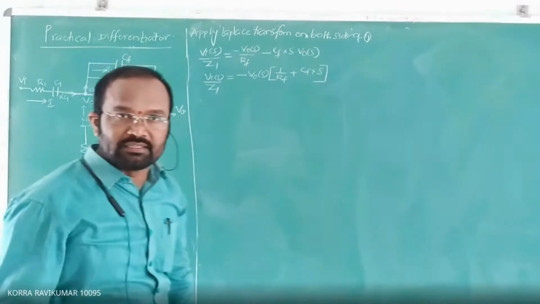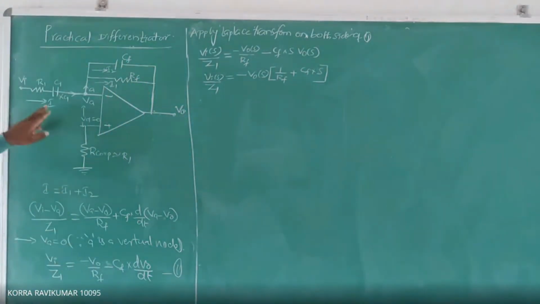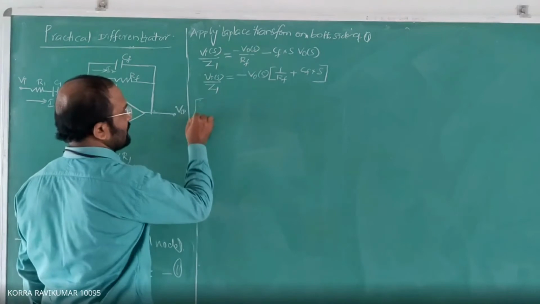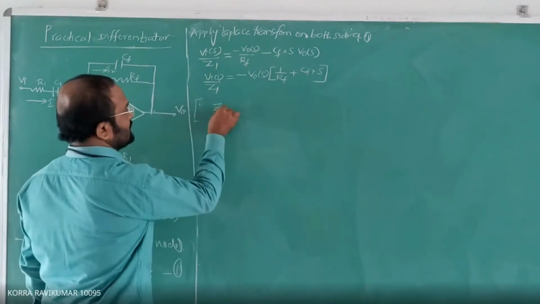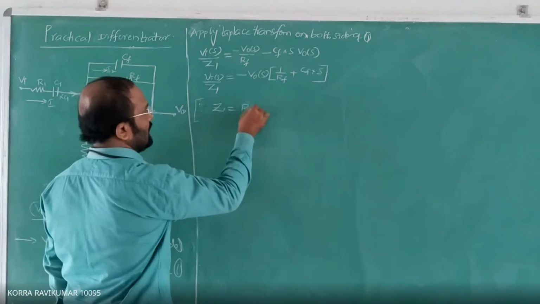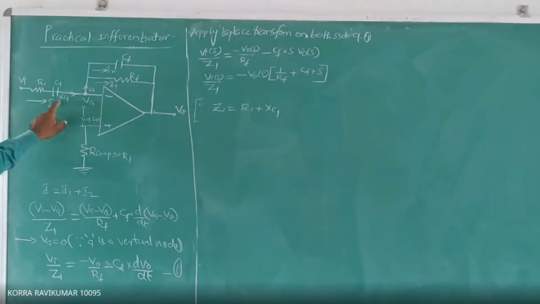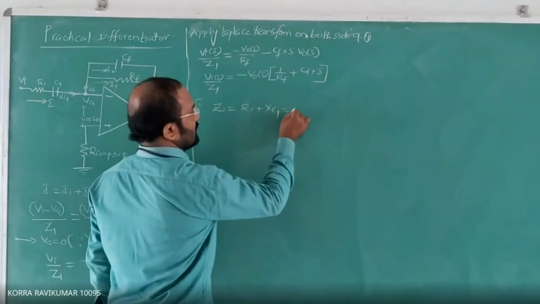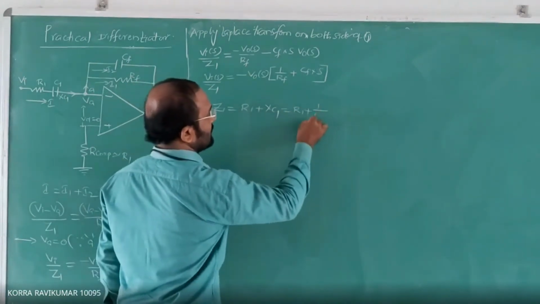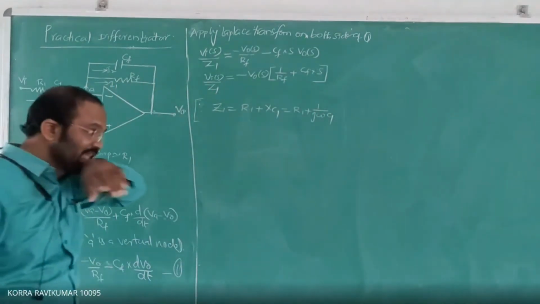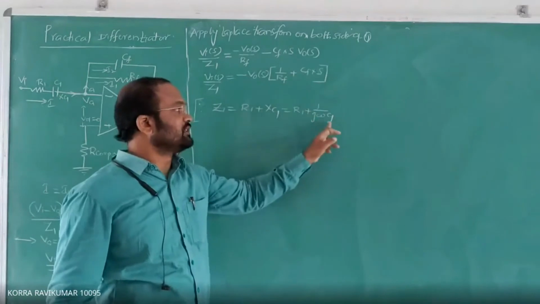That is the input impedance. R1 is in series with capacitor C1. Therefore, for a rough explanation, Z1 is equal to R1 plus XC1, the reactance offered by the capacitor. We can also write it as R1 plus 1 by j omega C1, since the reactance XC1 equals 1 by j omega C1.